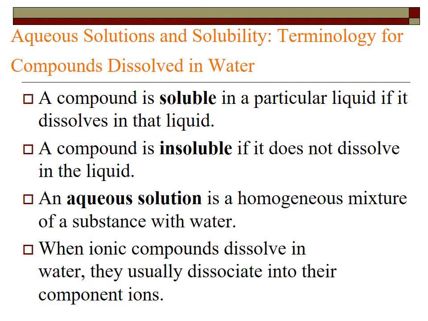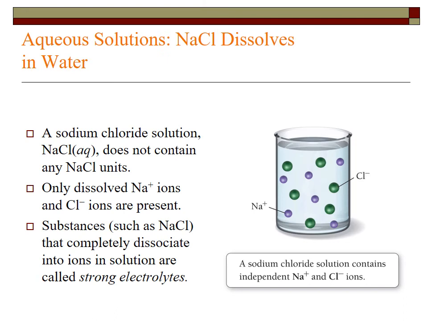Here comes that term again, aqueous solution. An aqueous solution is a homogeneous mixture of a substance with water. When an ionic compound dissolves into water, it usually dissociates into its component ions. What does that mean? On the left-hand side here, I have a beaker with sodium chloride in it, table salt.